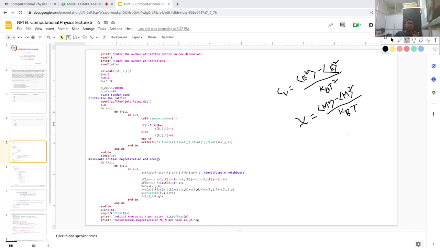So if my simulation time is greater than 10,000, only then I am going to take the value of those parameters, let's say magnetization and energy per system, under consideration to calculate our average magnetization, average energy, and square of energy, and that's average, and for magnetization also. So I have to wait until time is greater than n equilibrium, that is, greater than 10,000, and only then I am going to start my calculation.